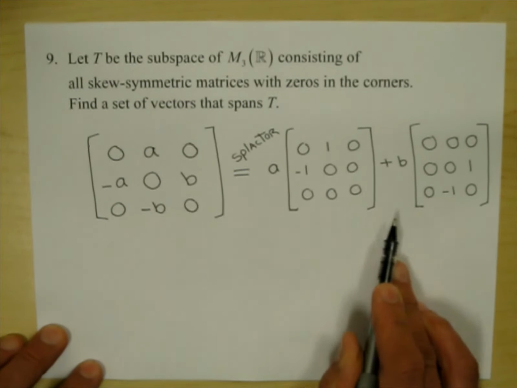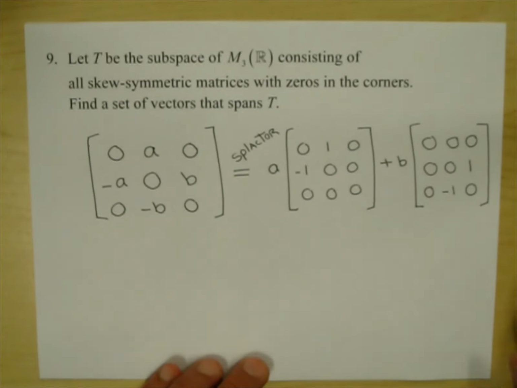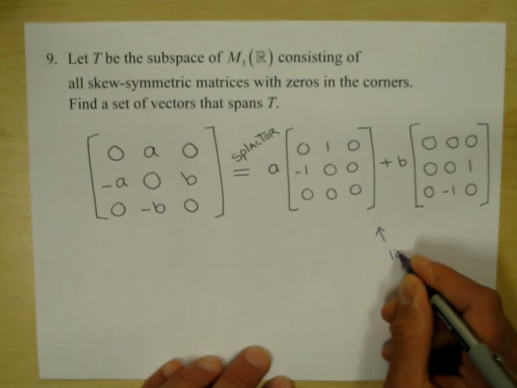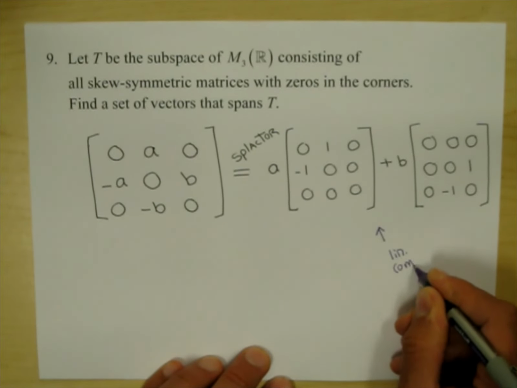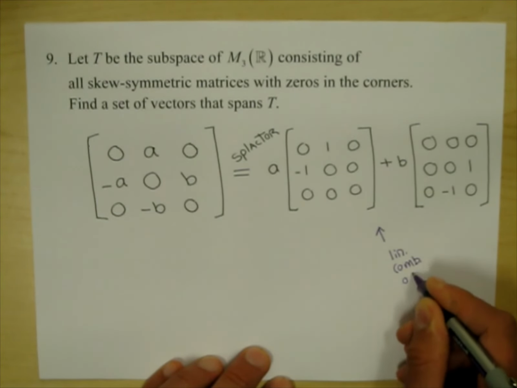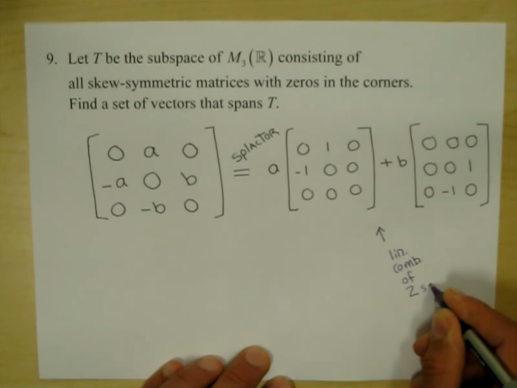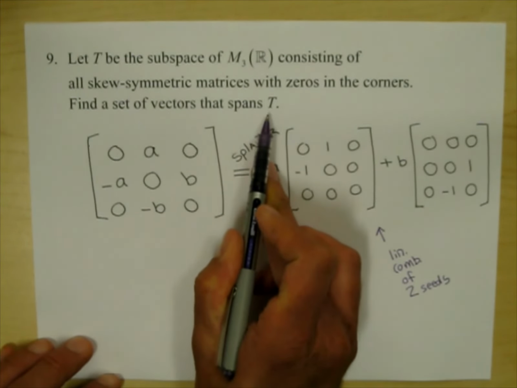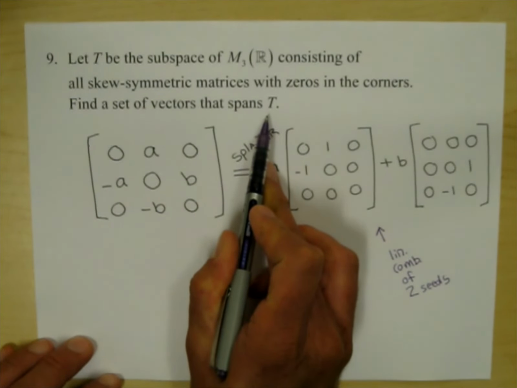Okay, what does this look like on the right-hand side? This looks like a linear combination of two seeds. What are they asking us to do? Find the set of vectors that spans T? They're asking you to find the seeds.